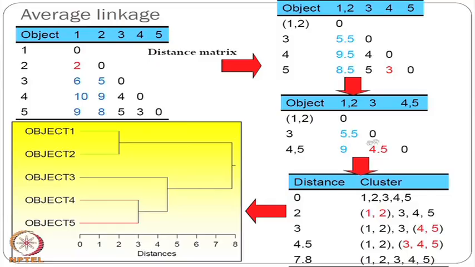So, then using this hierarchical clustering algorithm, you will be able to find the dendrogram and decide what level of similarity or distance you want to keep. You want to have this amount of similarity, you are satisfied with this amount of similarity, and then fine, you go for that level.